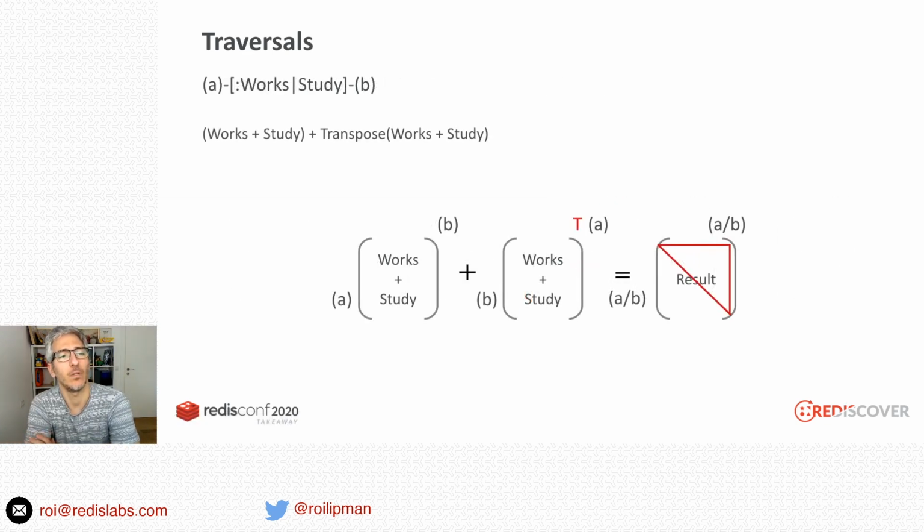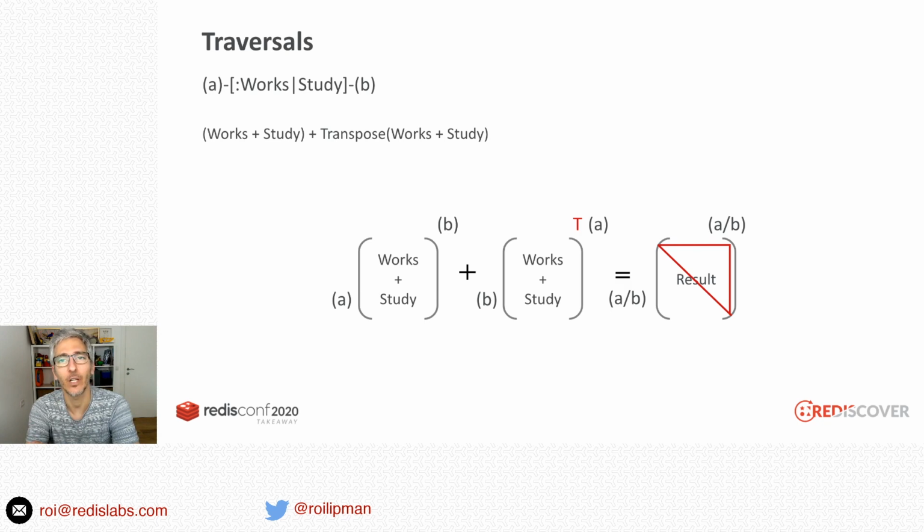Another example would be a direction agnostic traversal, where we want to take into consideration more than one relationship type. So in this example, we want to find if A is connected to B or the other way around, inspecting both the works and study relation.